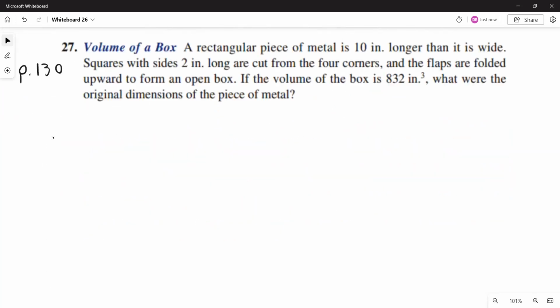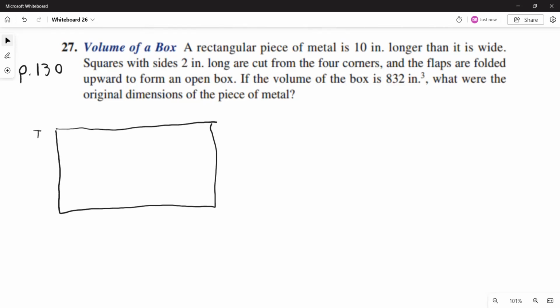We have a rectangular piece of metal that is 10 inches longer than it is wide. So x is the width of the original piece of metal, and it is 10 inches longer than it is wide.